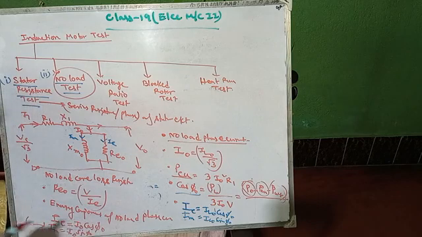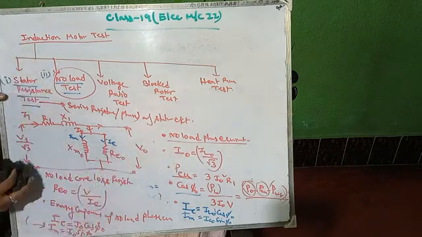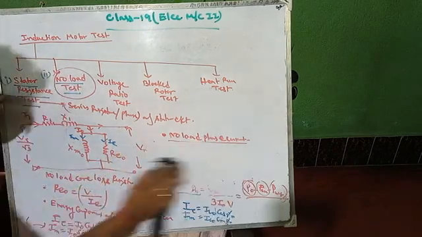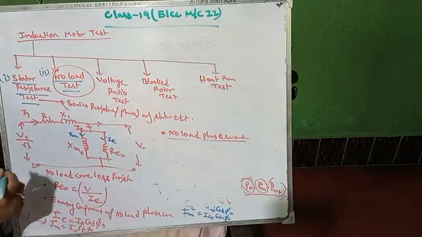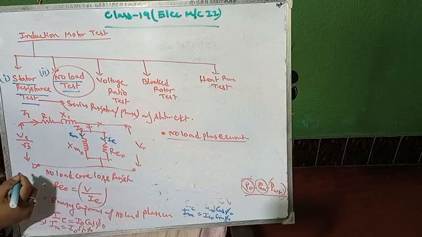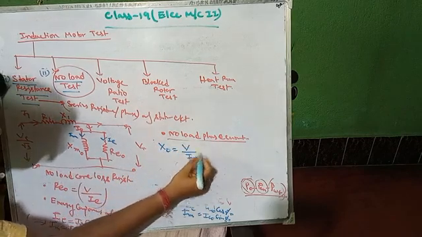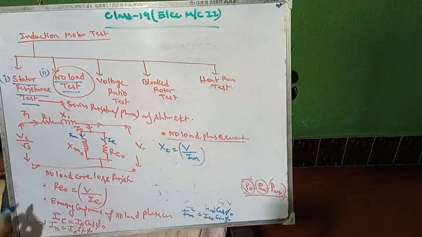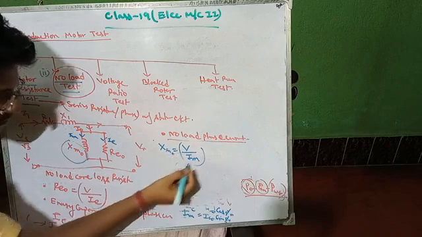Then Xm naught should be calculated as V by IM.